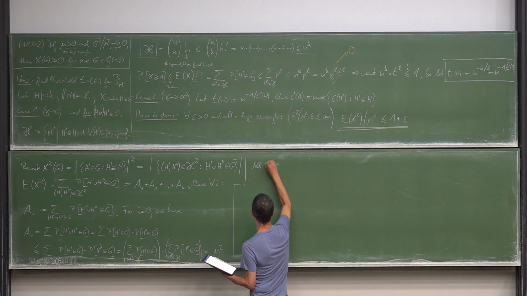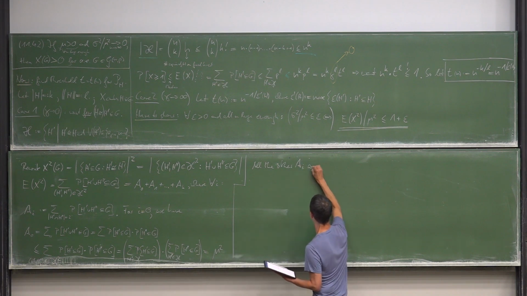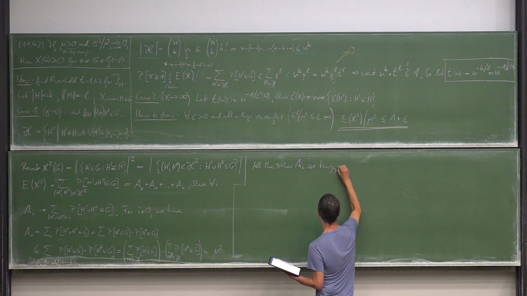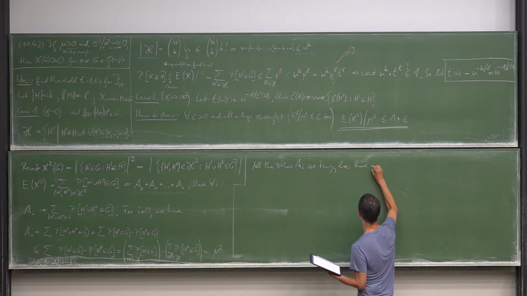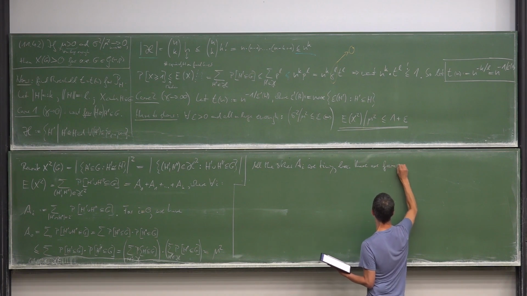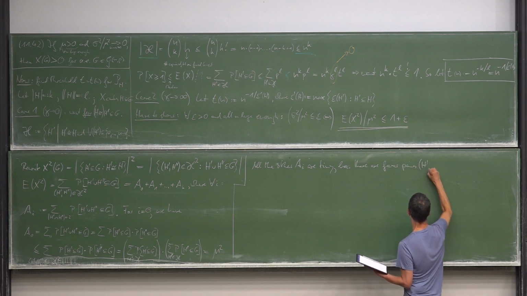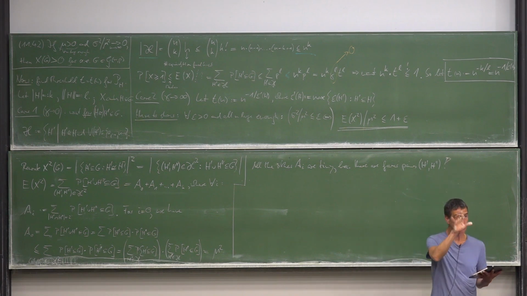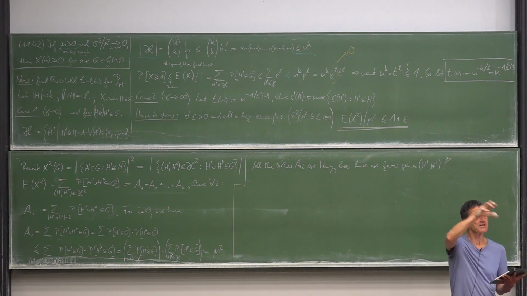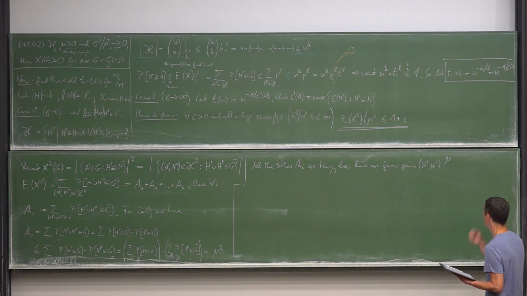All the other AI are tiny because there are fewer pairs. As I said previously, once you fix one copy of H, the other one has to start with at least one vertex, so that's already a restriction.